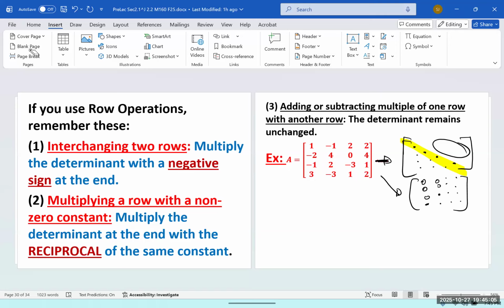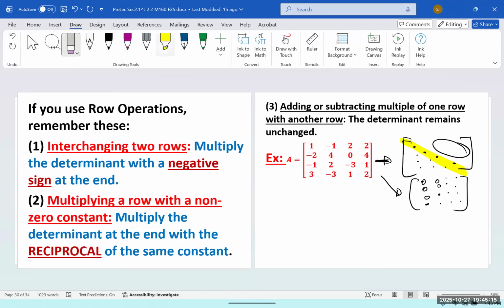So if you use the three row operations, they're not exactly the three operations we used before. First of all, if you interchange two rows, then you have to multiply the determinant by a negative sign, which we never did before. So if you swap two rows, that means multiply the determinant by -1.